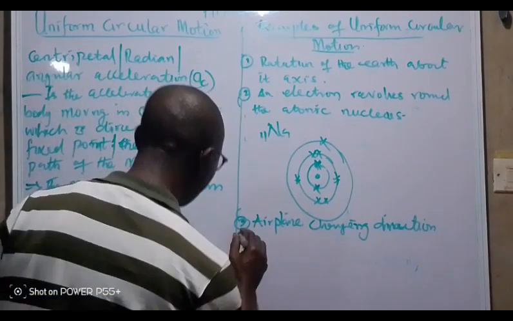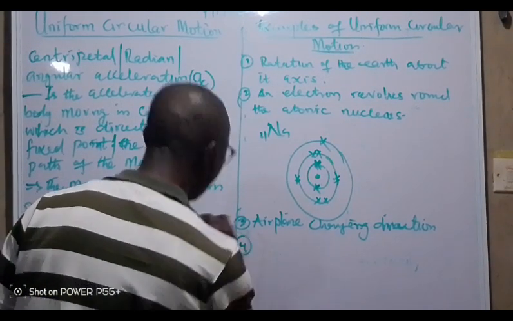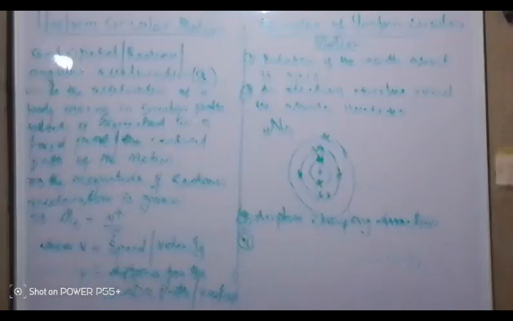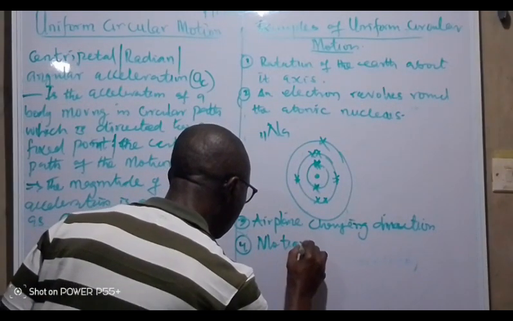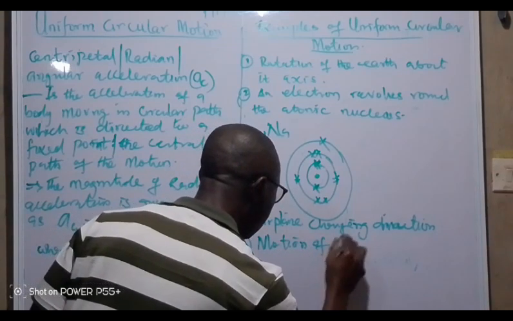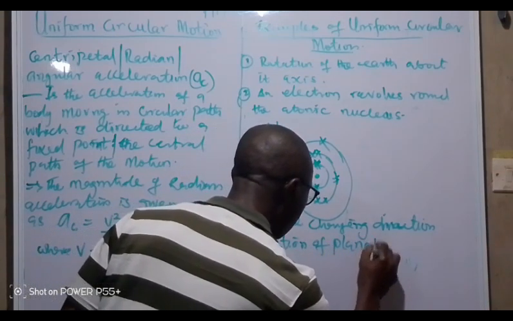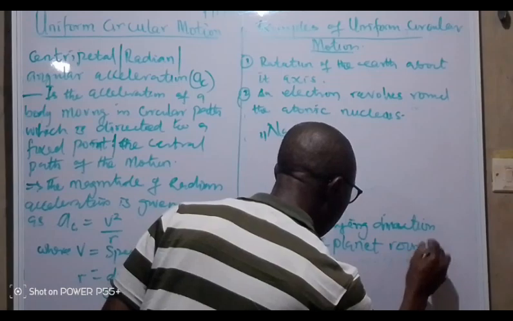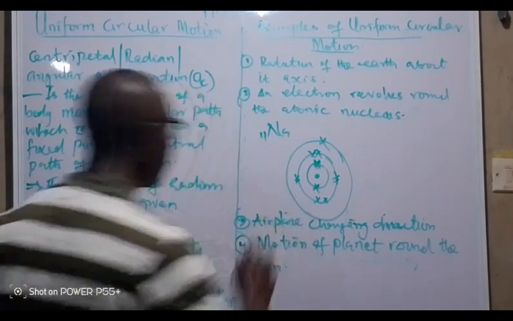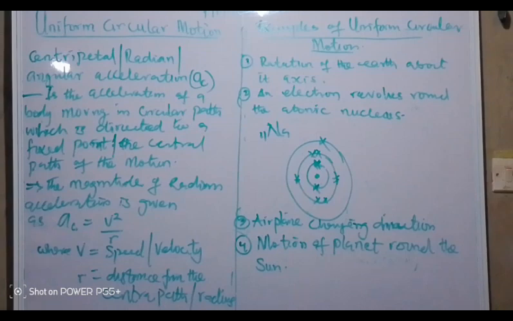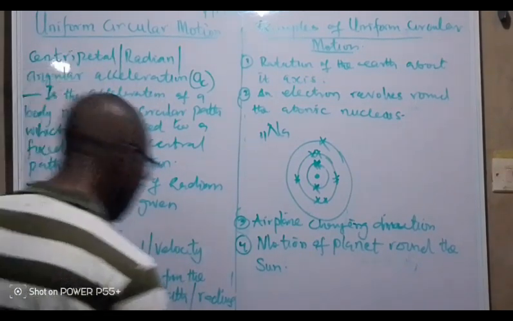Another one, number 4: motion of planet round the sun. When any planet moves around the sun, it's a typical example of uniform circular motion.